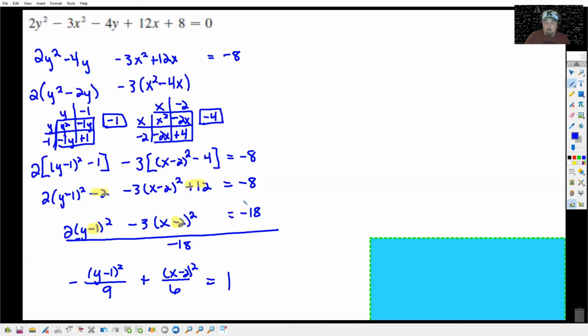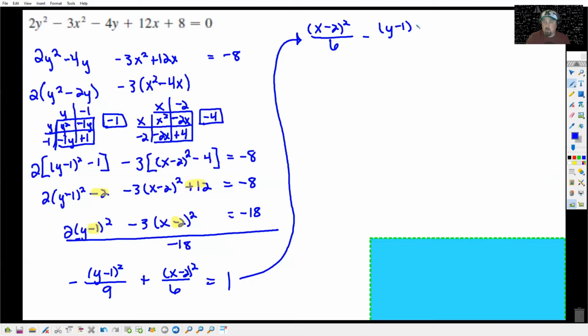But notice what happened here. Because this number was negative, it switched the signs of these things, which will affect the graph, because that means this thing is now going to open on the x-axis, not the y, because the x is the positive fraction. So we get (x minus 2) squared over 6 minus (y minus 1) squared over 9, and that's all equal to 1.